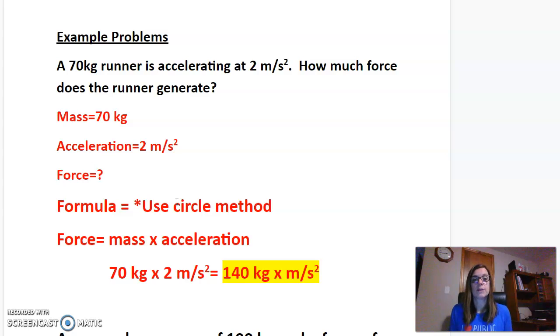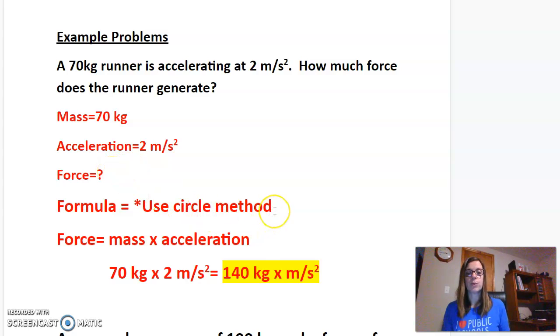How much force does the runner generate? Anytime you're doing a problem, you want to list out the things that you know. It's good to write things down on paper so you can get organized. So our mass in the problem was 70 kilograms. Our acceleration is 2 meters per second squared. We want to know the force.